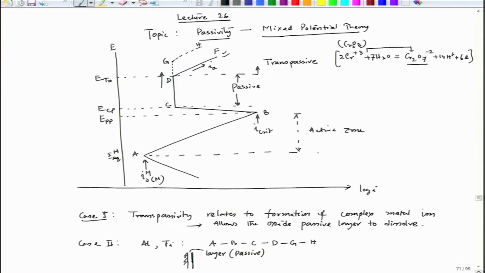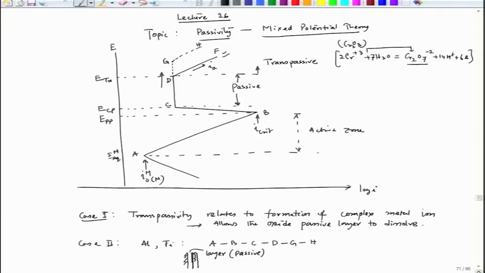Now, as we are increasing the potential, in order to maintain the constant electric field, the thickness has to increase, and when it increases, there could be possibility of formation of a porous layer on top of this adherent layer. So, this is a porous layer that can form.